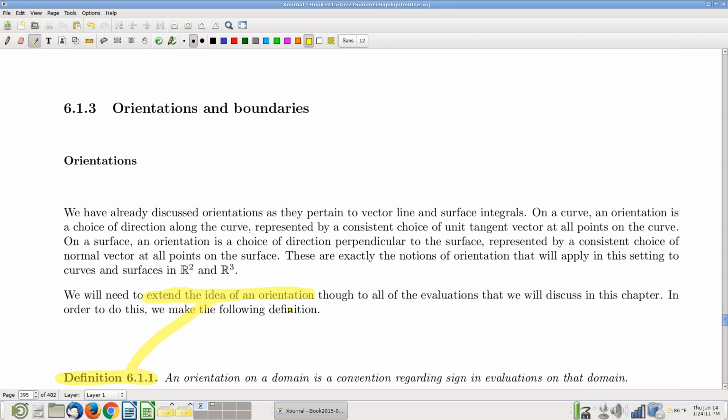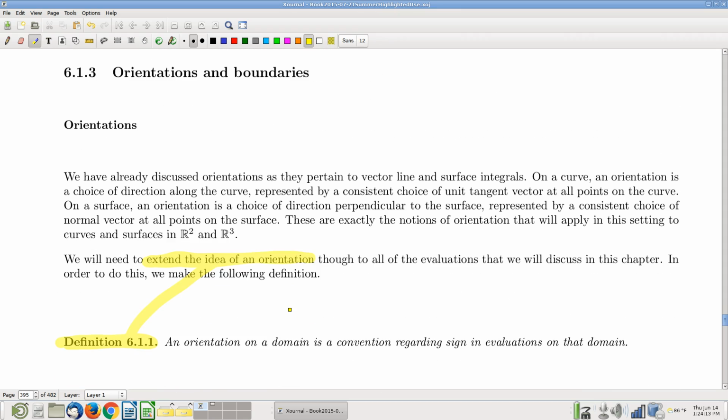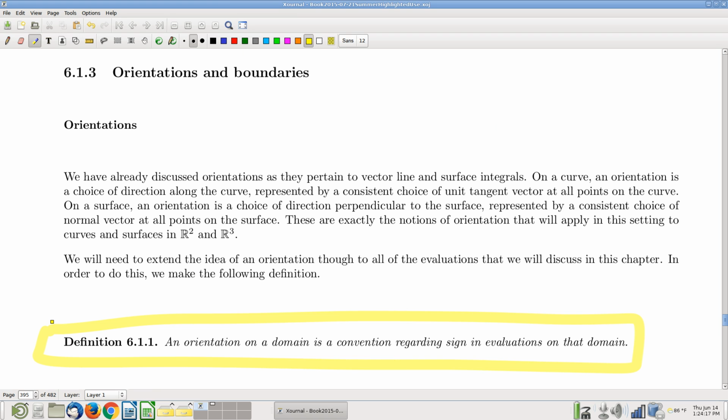I need to talk about orientations. Now, y'all remember orientations, at least in certain contexts. We've talked about an orientation on a curve. We've talked about an orientation on a surface. And in both of those cases, they're different in those contexts, but in both cases, an orientation is a convention regarding sign.